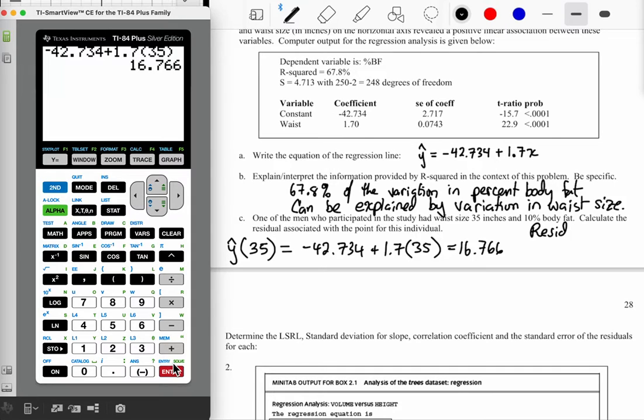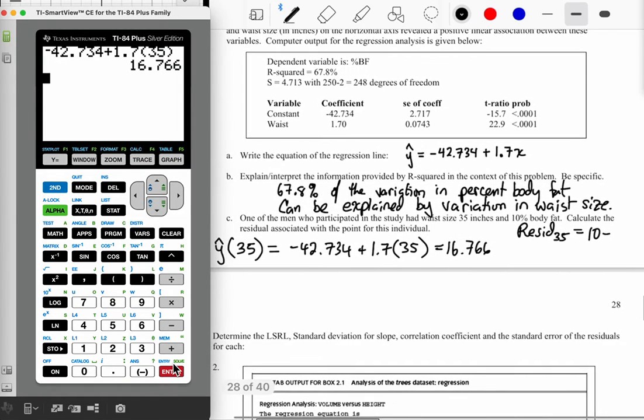The residual of 35, which is going to be 10 minus 16.766. So negative 6.766. So it's off by almost 7%, but on the low side.